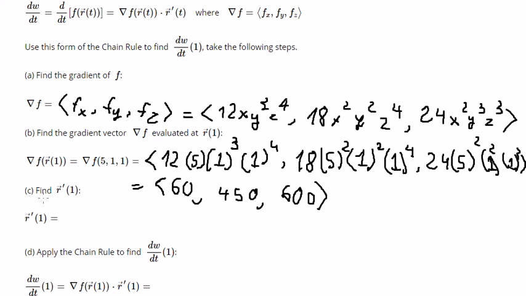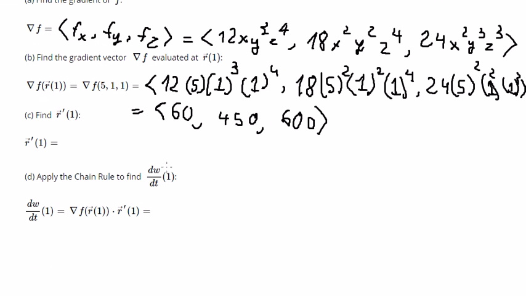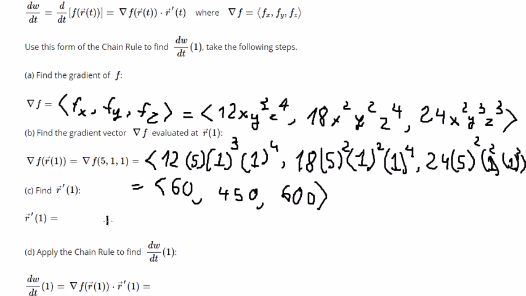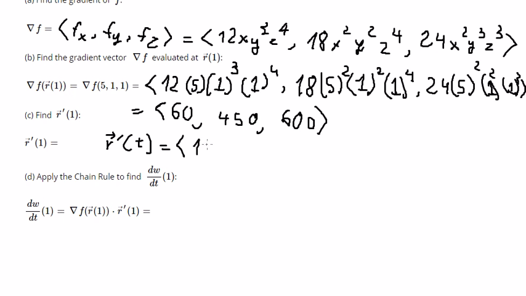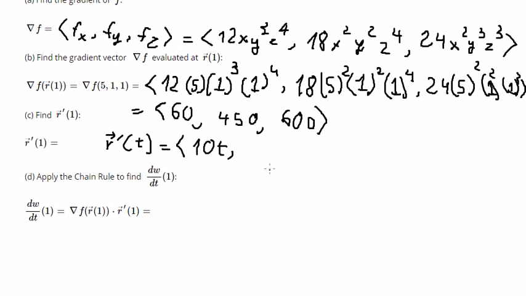The next one, we need to find the vector r with first derivative. Vector r, that's about this one. So we can find first derivative of this one in here. So you got 5 with number 2 is about 10t. First derivative of t to the power of 3, that's about 3t squared.